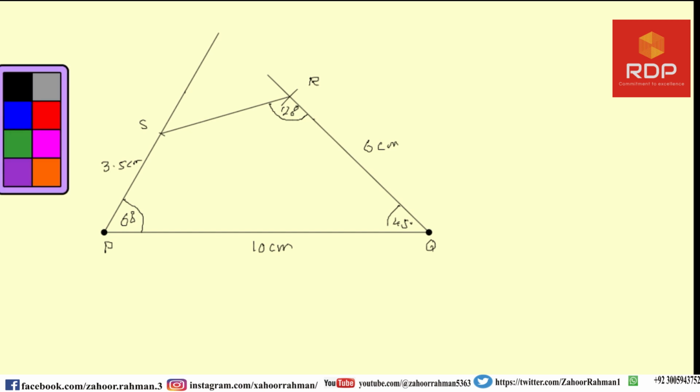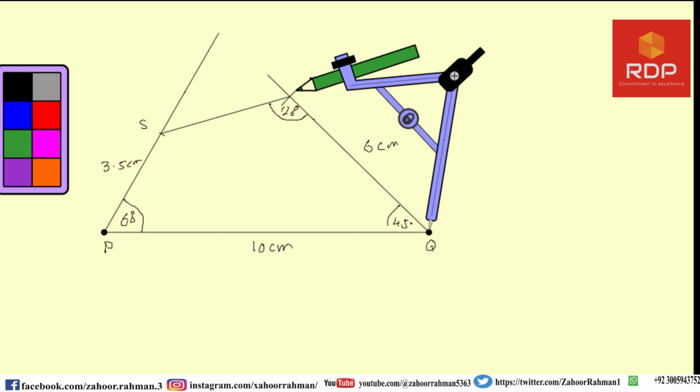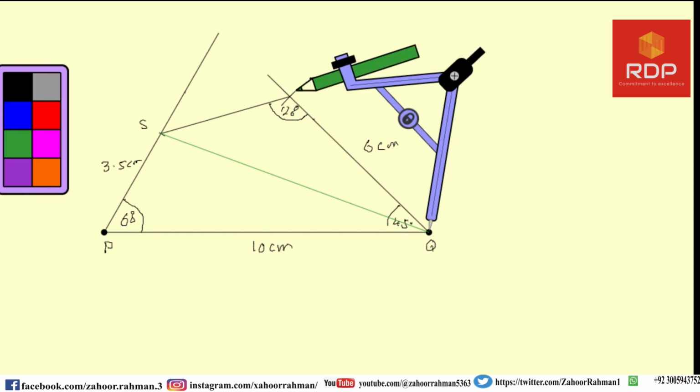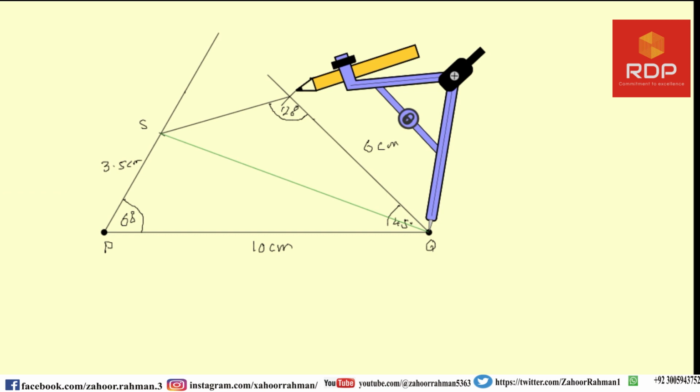Let me draw it with the perpendicular bisector, and this is this line QS. And then we have to find the perpendicular bisector, and you know how to draw the perpendicular bisector as well. No problem for you people.